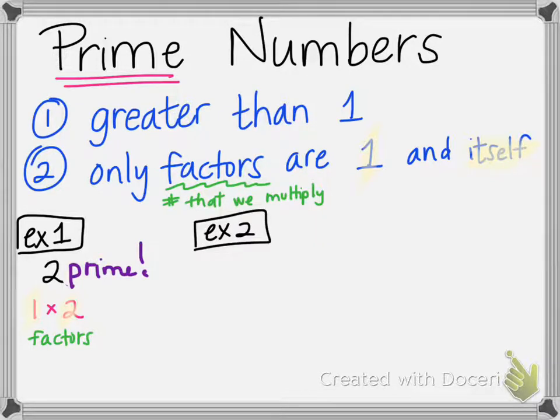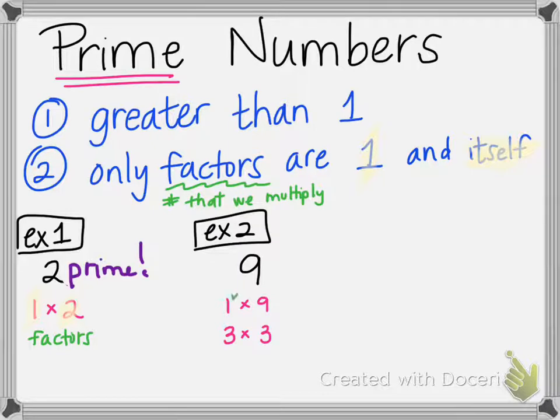Okay, let's take another example. How about the number 9? Some people think that prime numbers mean that it has to be odd. So let's see if that's true with the number 9. 9 is odd, and so surely it must be prime. Well, I know that for sure 1 times 9 is 9. Those two factors multiply together to be 9. However, isn't it true that 3 times 3 is also 9?